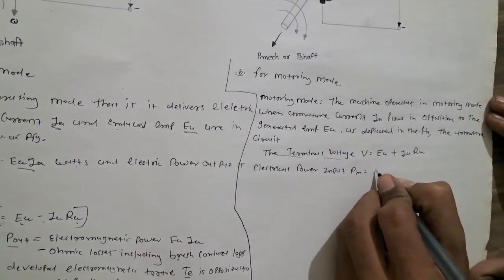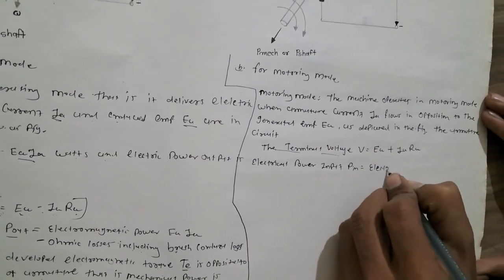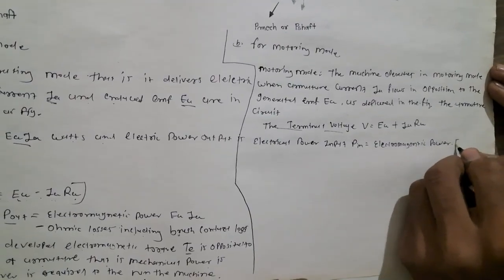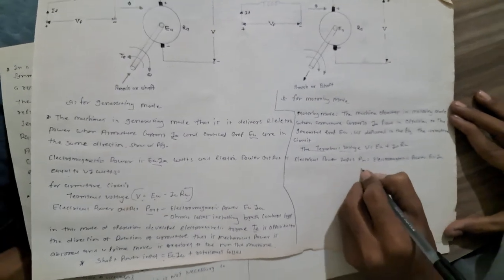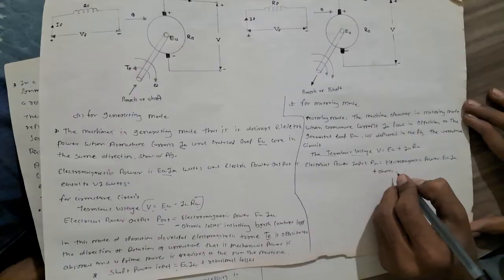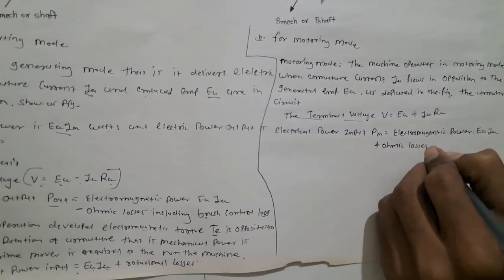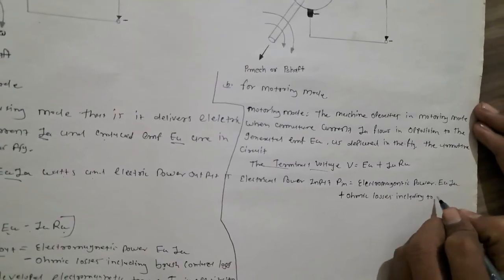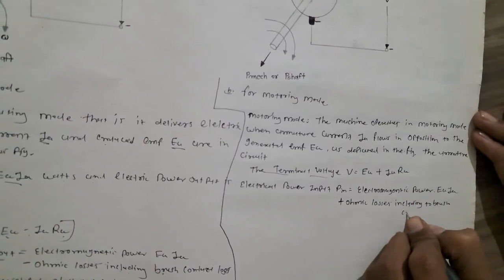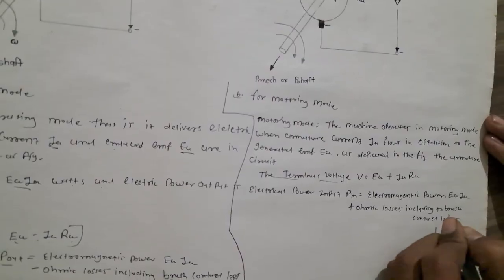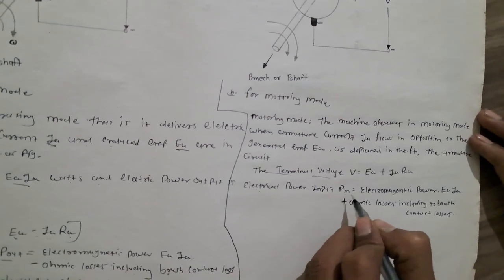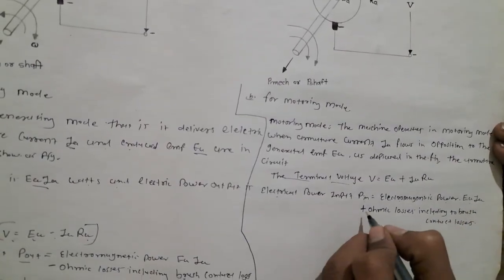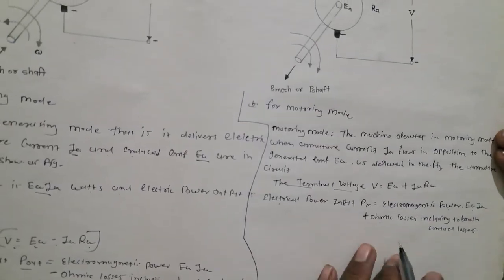And electrical power input P in is equal to electromagnetic power EA IA plus ohmic losses including brush contact loss.